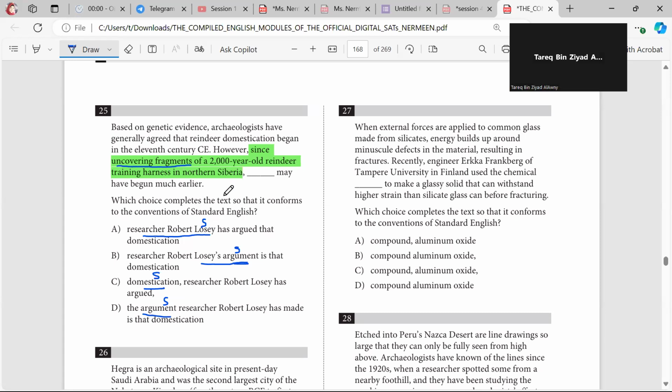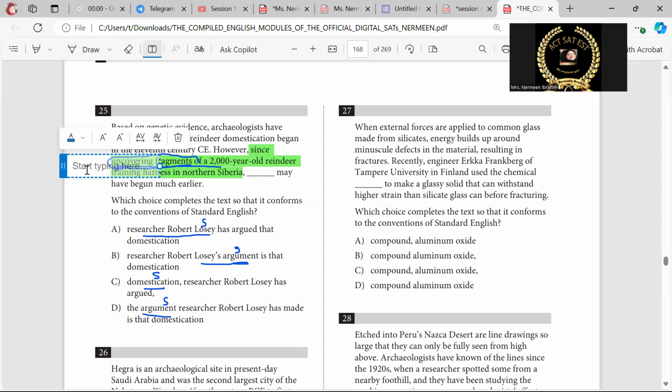Okay, so ask yourself regarding this introductory part, who's supposed to be uncovering? Uncover means what? Uncover means revealing, or discovering. Excellent.